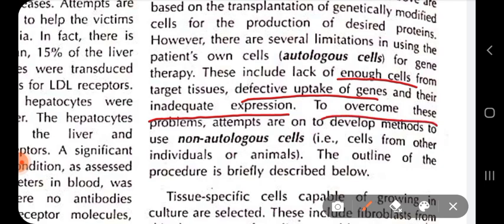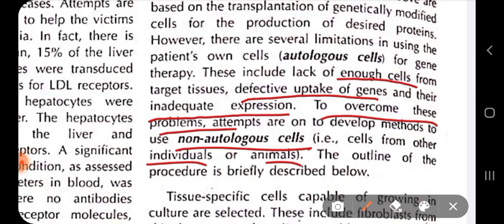Now, to overcome these problems, we are using non-autologous cells. That means we are taking cells from an outside source, like from other individuals or from other animals. Like I have said, the human artificial chromosome can be used as a vector. How can it be used as a vector? We have to take a cell from another individual, and from that cell take the chromosome out.